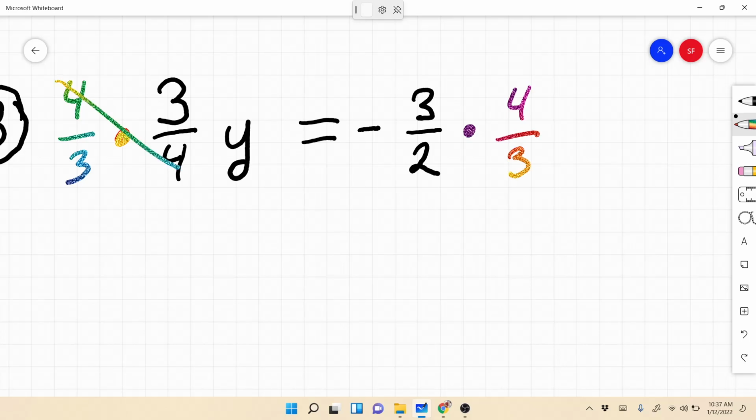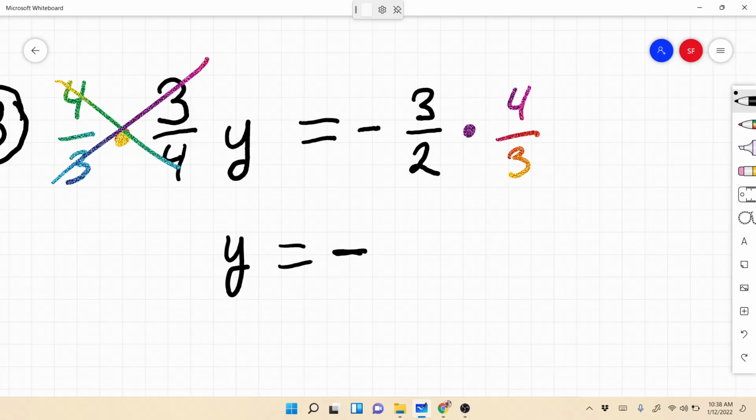So the 4s and the 3s cancel over here, leaving us with just y by itself. Equals. And so we've got a negative times a positive. So is my answer going to come out positive or negative? What's our rule for different signs multiplied? For some reason I thought that 4 was a y. Negative. Negative is our answer.